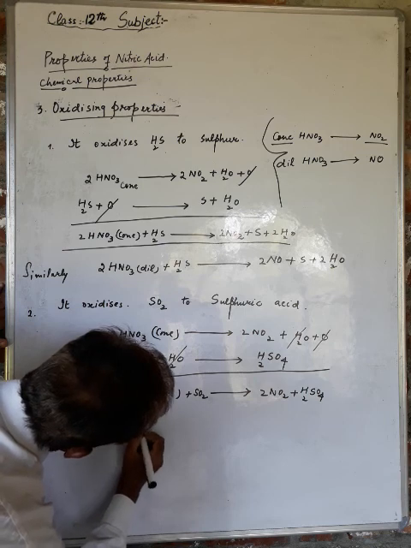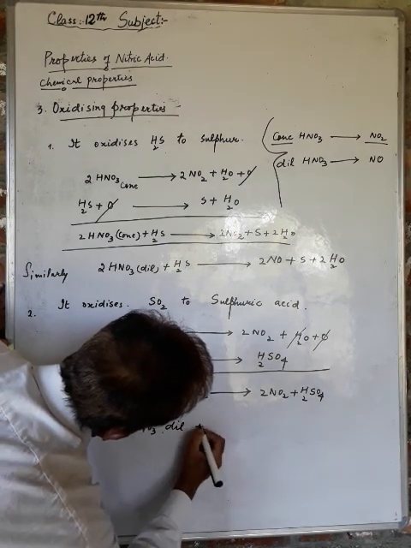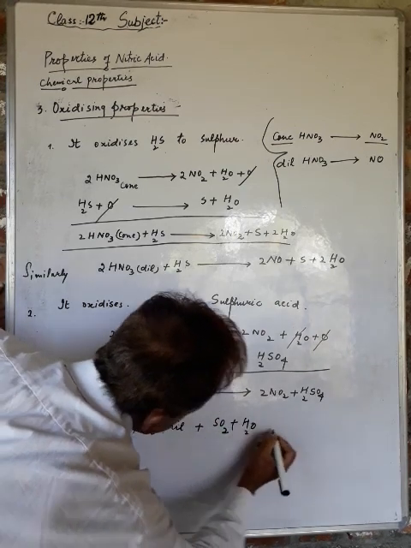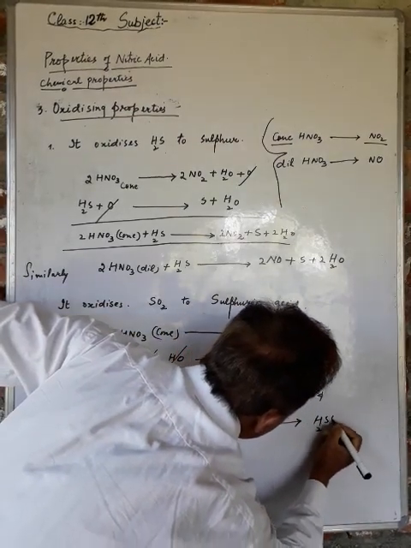Similarly, if we take dilute nitric acid, HNO3 dilute, and allow it to react with sulfur dioxide in presence of water, it forms H2SO4.